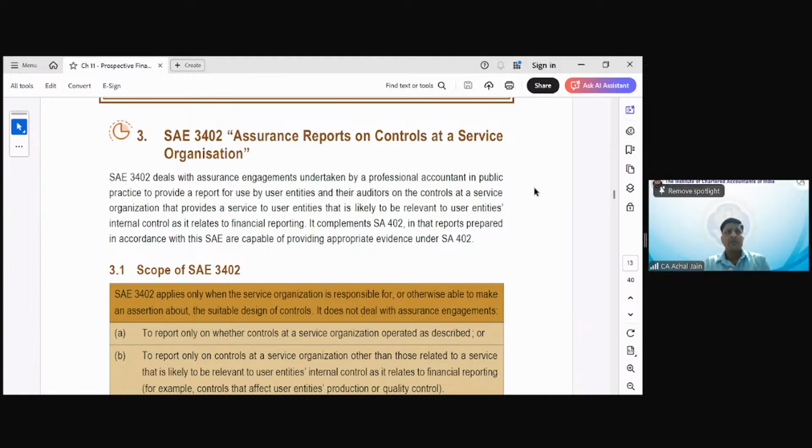So remember the type 1, type 2 reports we discussed, which the auditor will require. Somebody will have to do something for that type 1 report, type 2 report. So that level of assurance is something that you discuss here.